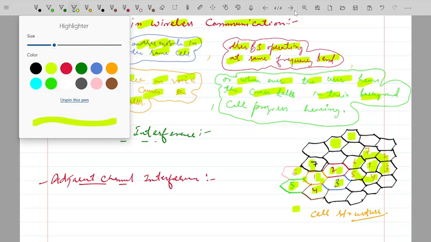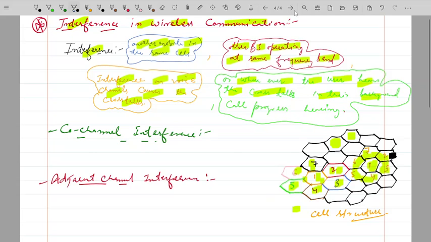If the user is in this particular position and all the neighboring cells are using the same frequency, then this center user will interfere with the users of the neighboring cells, and will not get the real signal. This user will get only crosstalk and interference.